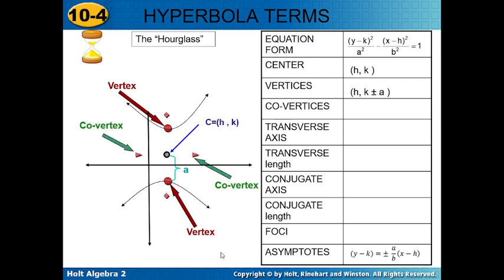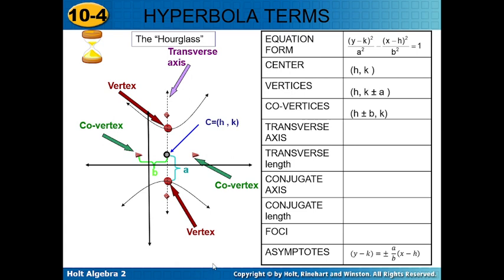Okay, and just to notice, these are your co-vertices, and therefore you're going to add and subtract at the opposite intercept of your vertices. The opposite intercept of the y-intercept is the x-intercept. So you're going to add and subtract the value of b at your x-intercept. This is our transverse axis.